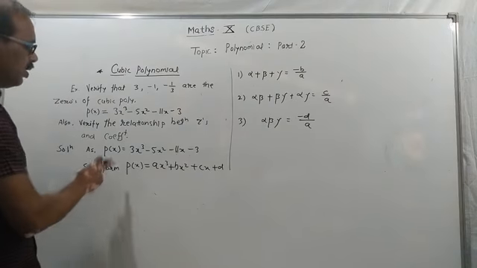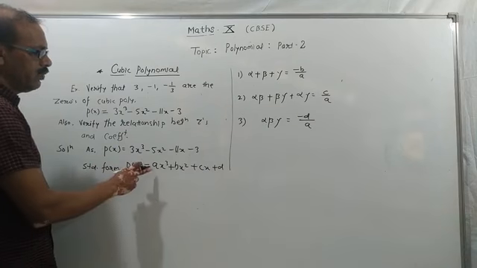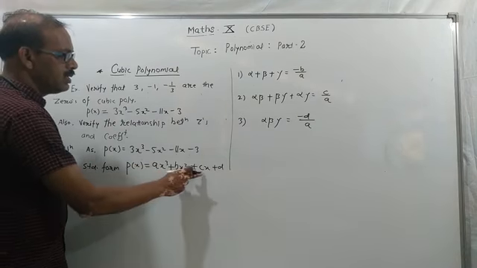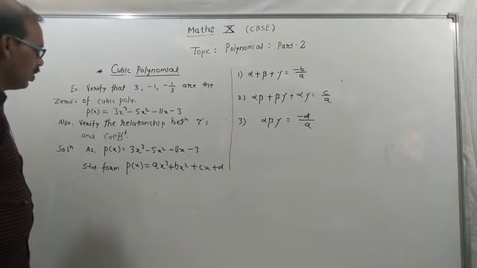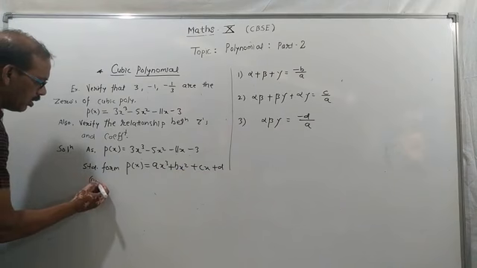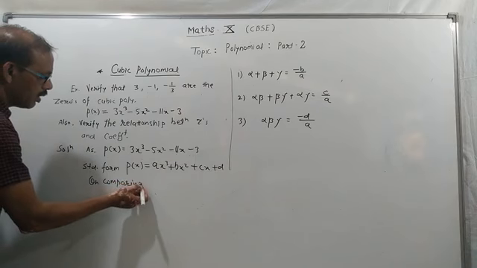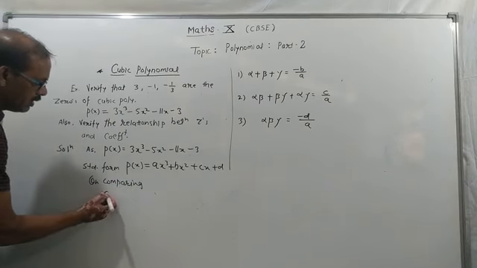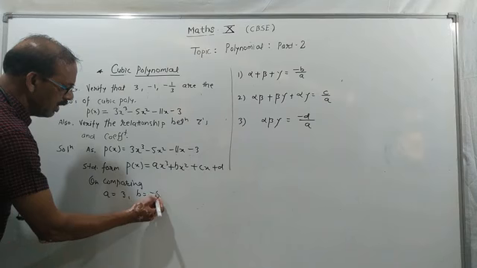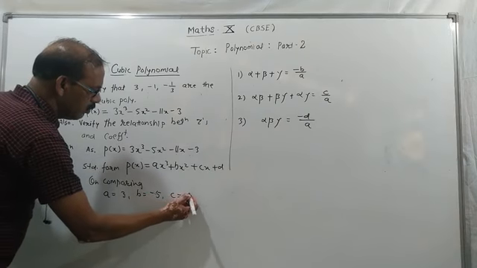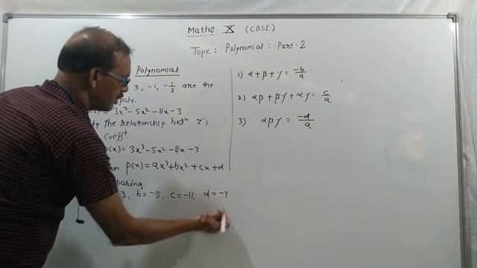If we compare both the polynomials, we are able to find the values of a, b, c, d, which are the coefficients of given polynomial. On comparing, we get a is equal to 3, b is equal to minus 5, c is equal to minus 11, and d is equal to minus 3.